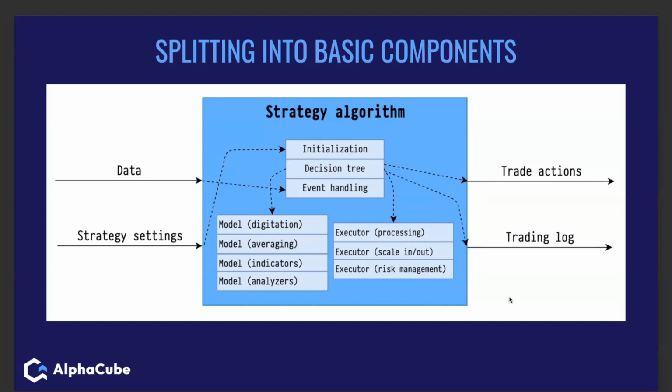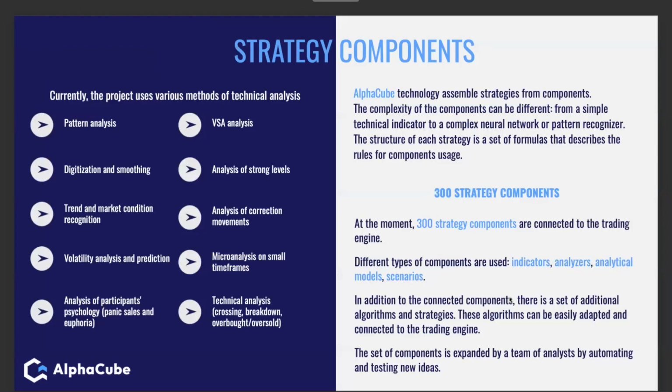All strategies use some indicators and filters, make some calculations, and the input is always the same data and strategy settings, and the output is every time the same trade actions and trading log. Based on this approach, we built a trade engine. This is one of the services in our technologies that we are using.